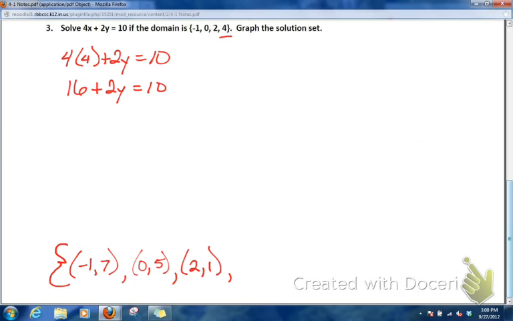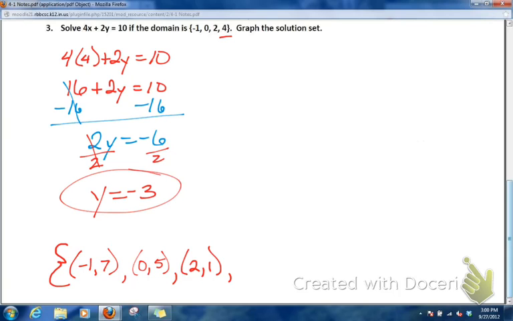I'm going to subtract 16 on both sides. 2y equals -6. And last step is to divide by 2. y equals -3. So our last ordered pair then is 4, -3.